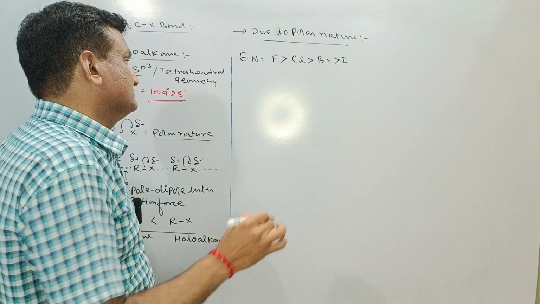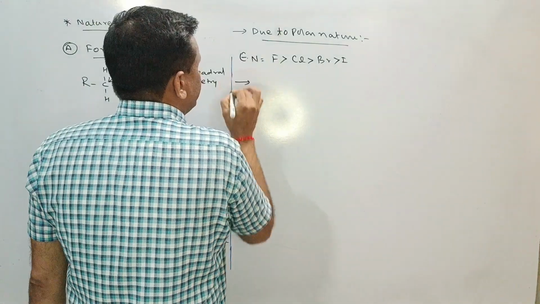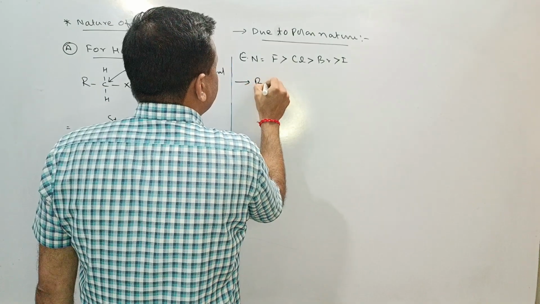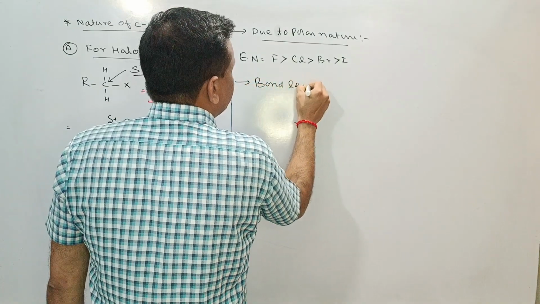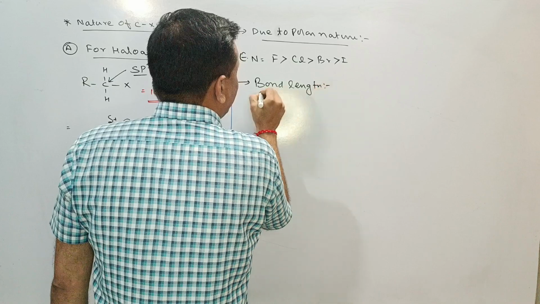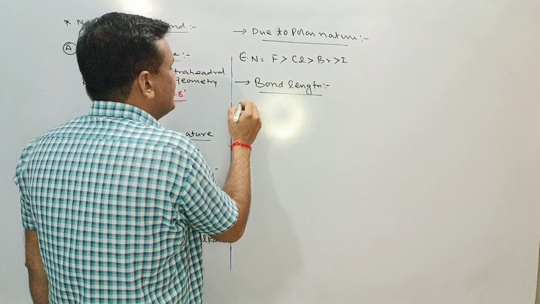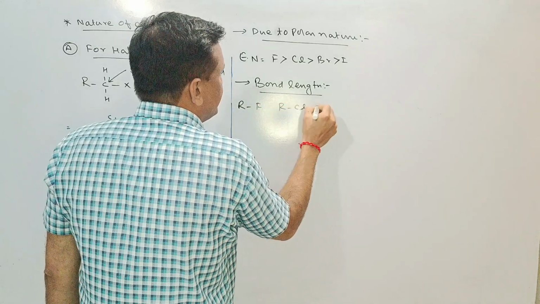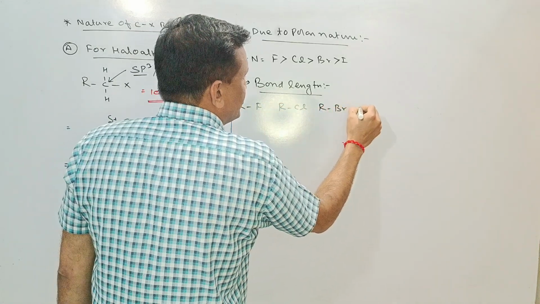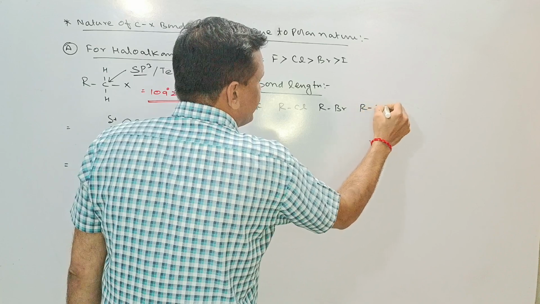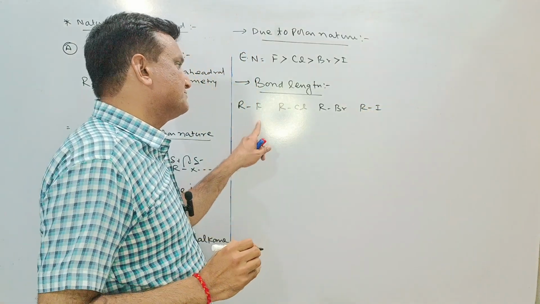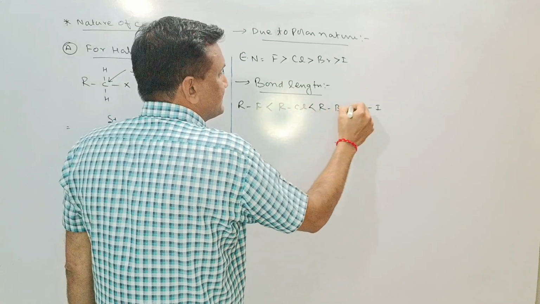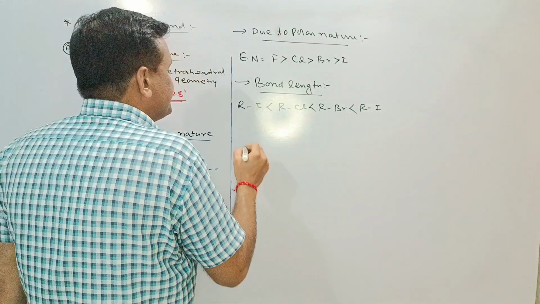So there are two important things. One is the bond length for the particular alkyl halide with different halogens. This is RF, this is RCl, this is RBr and this is RI. This is for bond length. Then we'll say the bond length increases.